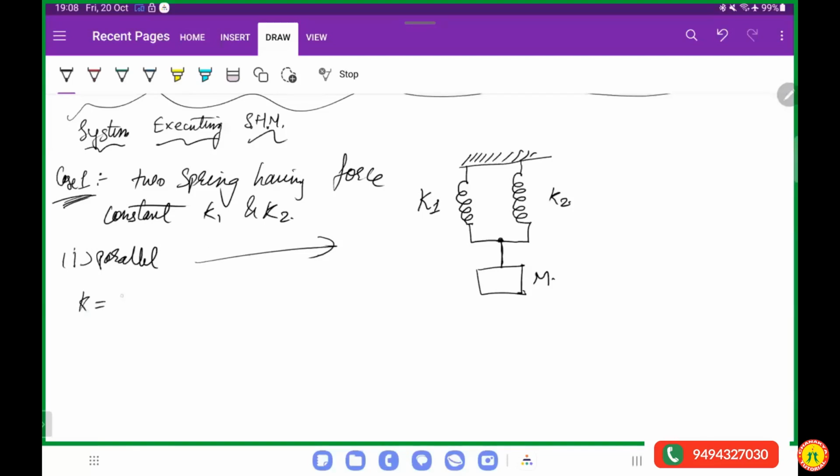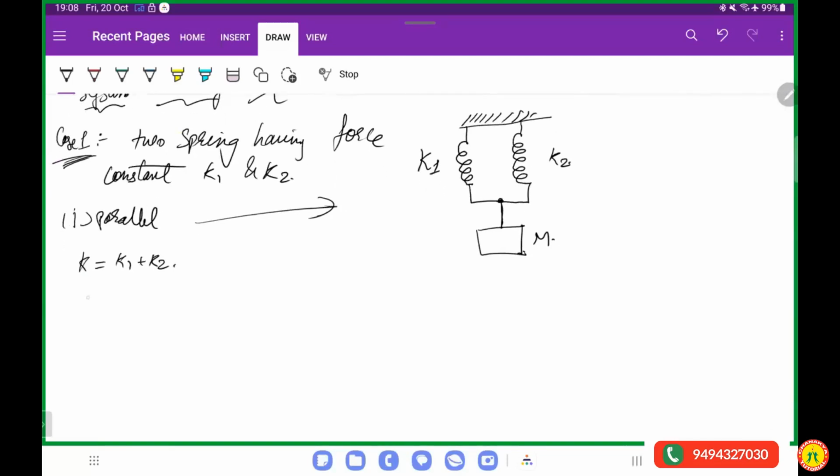So total k will be k1 plus k2. So time period T equals 2 pi root of m by k1 plus k2.